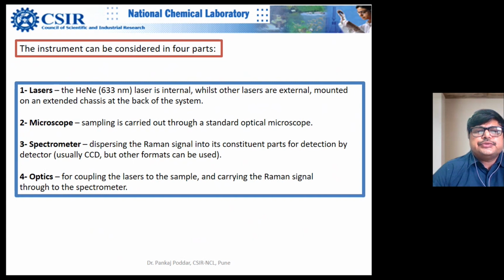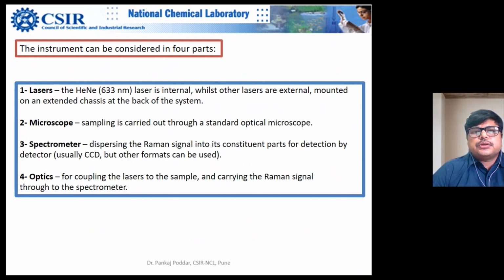For example, you can use analyzers and polarizers. You can use scramblers. For manipulating the beam line, you can use either lens systems or you can use mirrors actually.